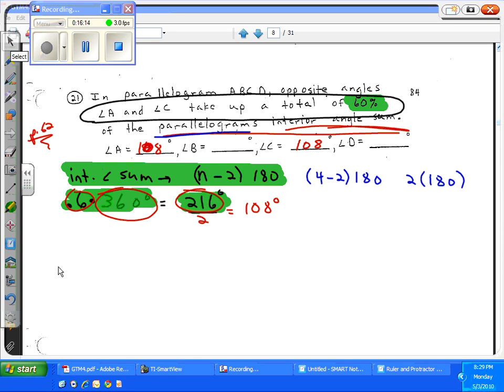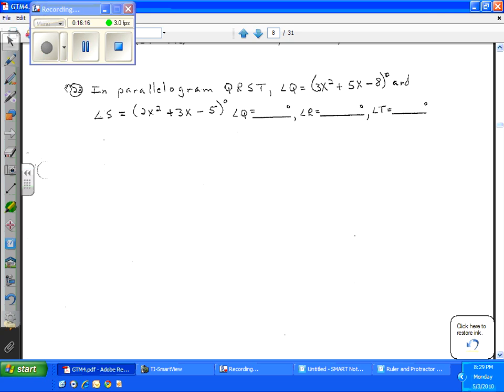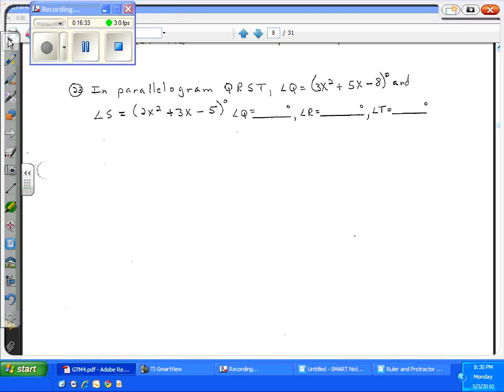All right, let's take a look at number 23. It says in parallelogram QRST, angle Q is 3x squared plus 5x minus 8, and angle S is 2x squared plus 3x minus 5. Now, angle Q and angle S are opposite angles.